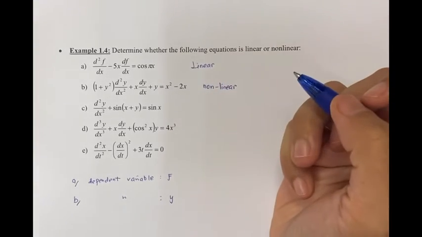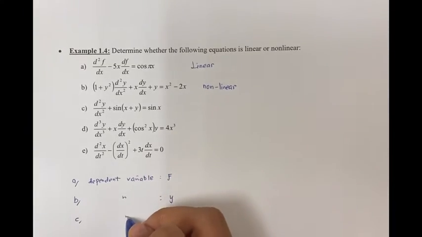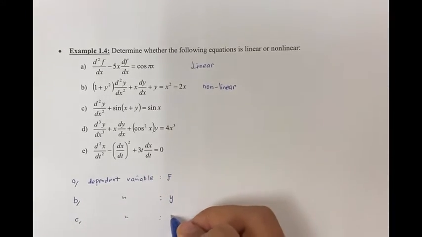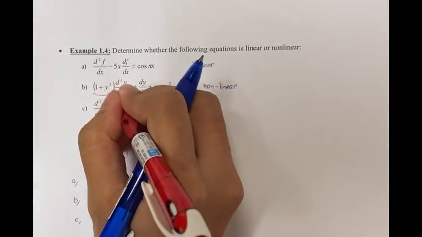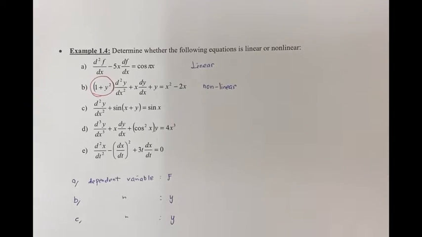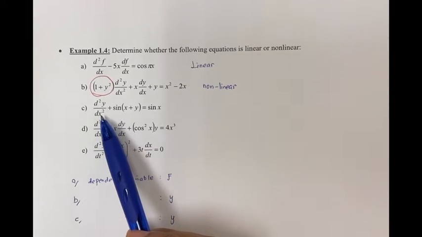For C, the dependent variable is again y. We have d square y over dx square plus sin x plus y equal to sin x. We pass the first condition because there is no y multiplied by dy over dx or d square y over dx square.